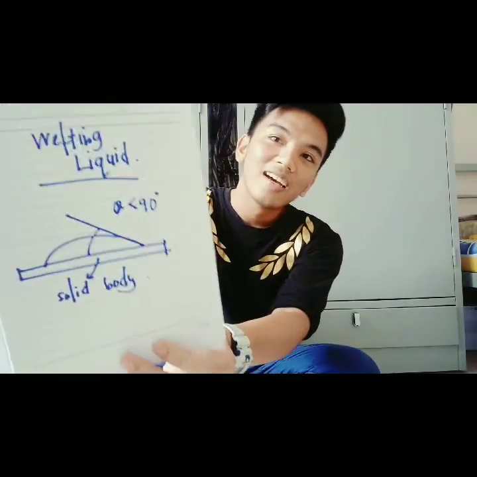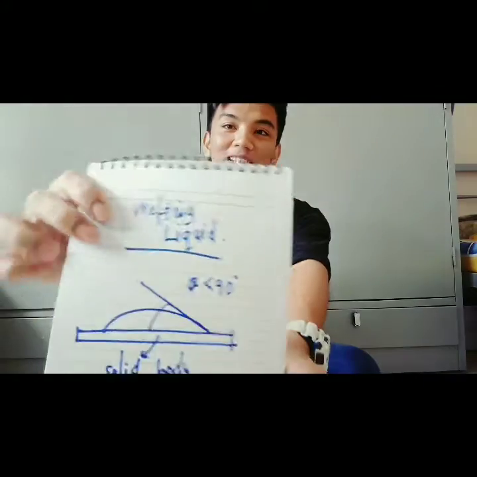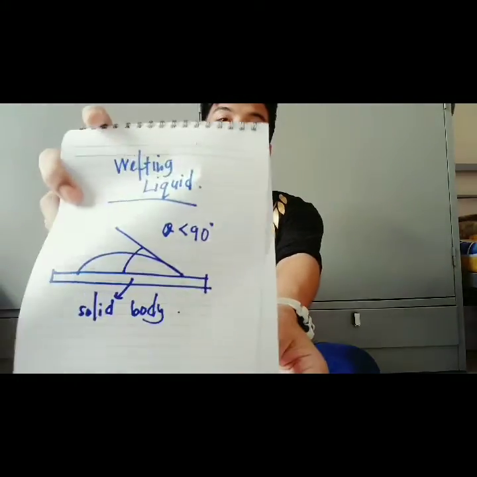Such liquids are called wetting liquids. In this case, the angle of contact between the liquid and the solid surface is less than 90 degrees. An example of such a liquid is water.